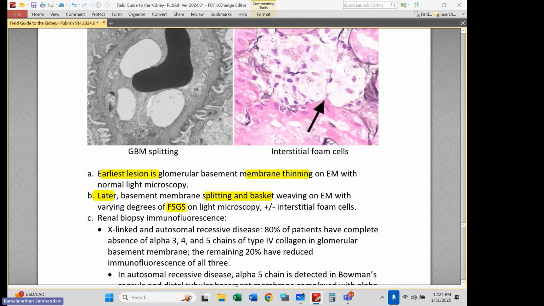This wastebasket term, it's not a diagnosis, it's really just pathologic features, a fancy way of saying I see scar everywhere. I see scar that is focally distributed.